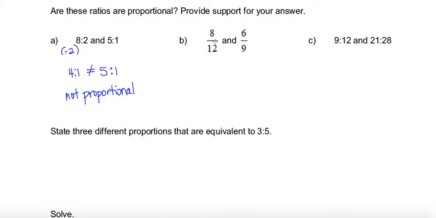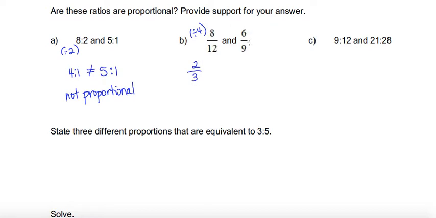So now we'll take a look at example B. So we have 8 over 12 and 6 over 9. So 8 over 12 can be simplified. We can divide both of these terms by 4 in this one. And 8 divided by 4 is 2, and 12 divided by 4 is 3, so we have 2 over 3.